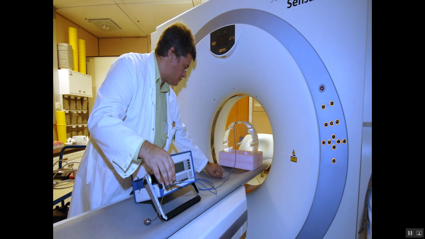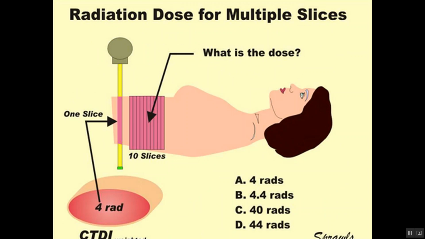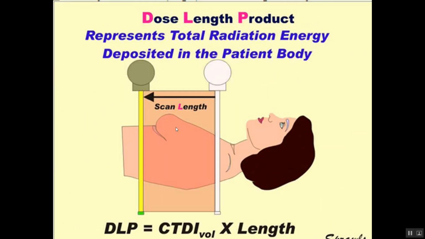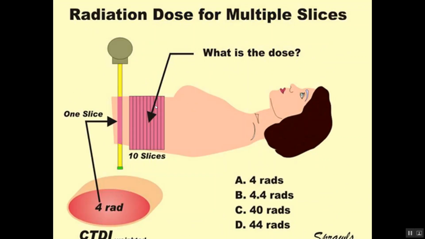Now, the CTDI volume represents the dose per one slice. But if you want the dose for a number of slices, we have scan length.